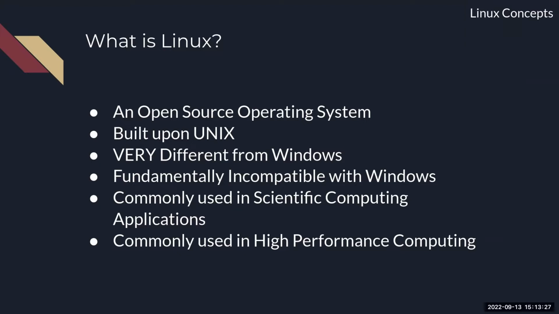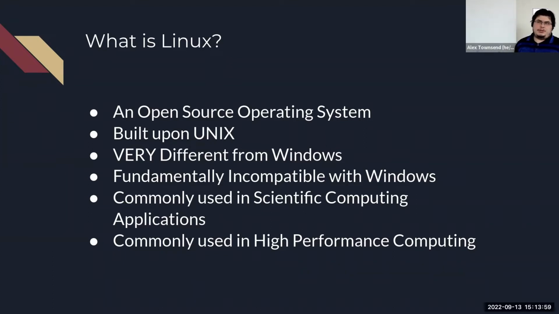So that's all interesting and stuff, but why is Linux actually important? Well, Linux is actually used a lot in scientific computing applications. So if you end up doing research in physics or engineering, or more and more these days, if you do research at all, you're going to end up seeing Linux, because a lot of research software, particularly the free and open source research software, was originally built on Linux for Linux.